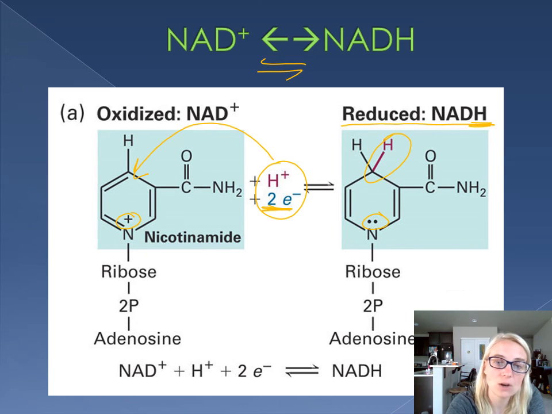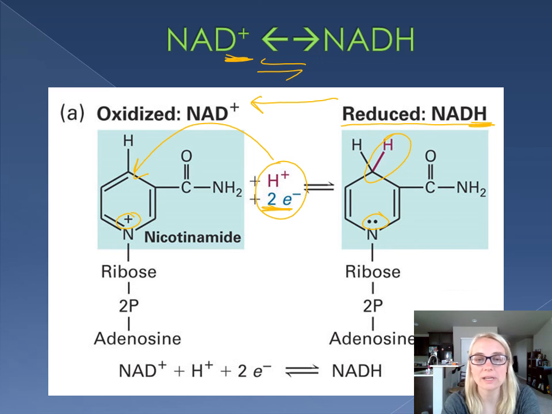If we see no hydrogen, we know that the hydrogen and the electrons, because we see the plus charge there, have been removed. So when NADH gets oxidized, it's losing electrons; gaining electrons is being reduced. So NADH is an electron carrier. We're going to call it an electron carrier.